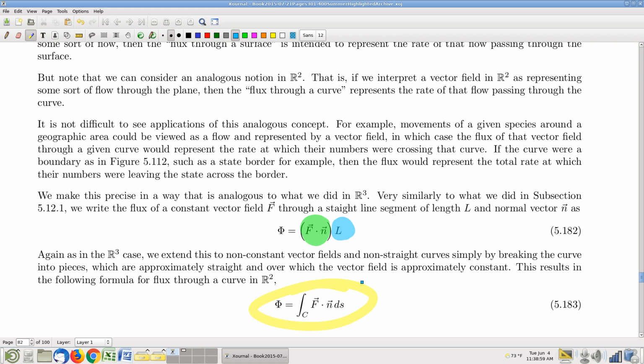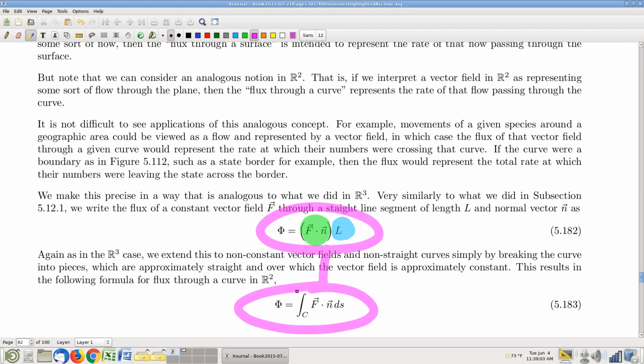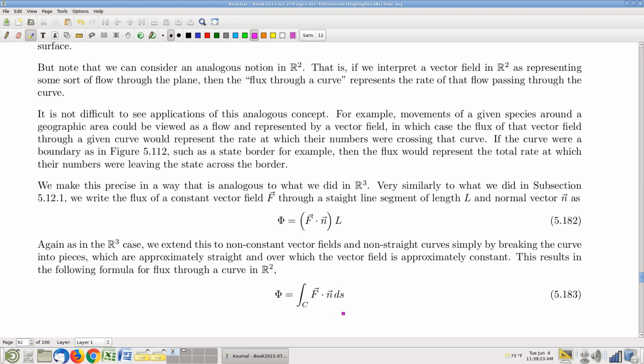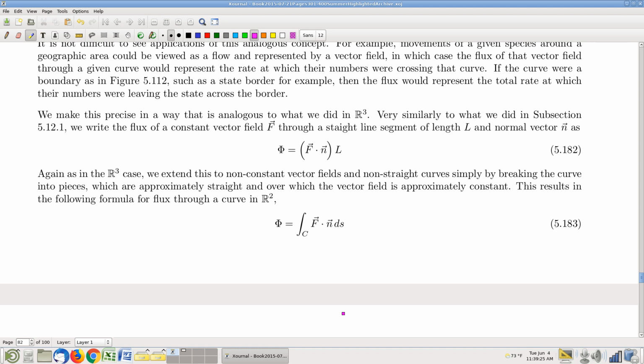And then this formula motivates this formula for a flux integral over a curve. L is just ds on each little piece of curve, add up over the whole curve. Okay, so the question I want to address now, having defined flux through a curve, is how do we go about computing this thing? Notice that this integral is not something that we have tools for.